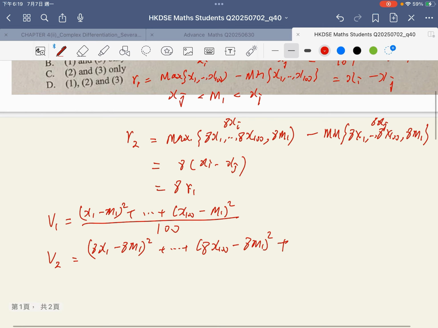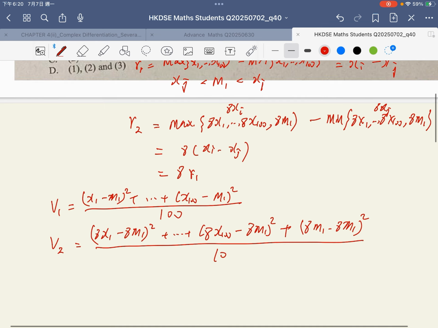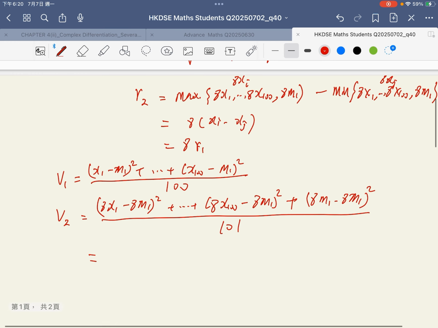And also one more extra term, that means x times M1 minus x times M1 all squared, that is 0. The denominator should be 101. And we can factorize the x squared outside.